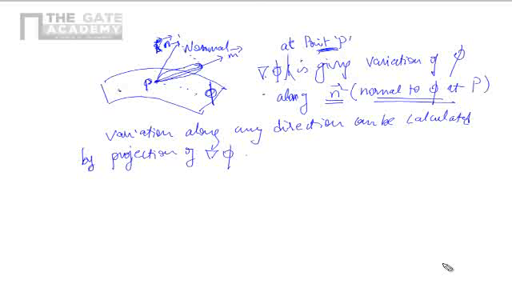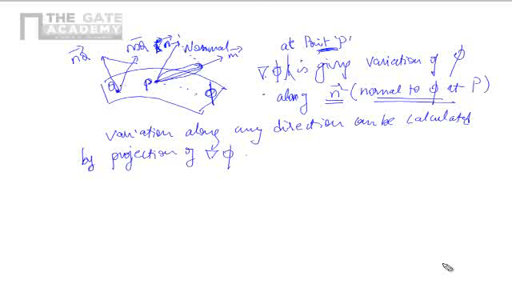Now instead of P, if you want to find it at Q, you substitute the x, y, z value of Q. Now it will give the variation along the normal at Q. Let me call this n_q vector. You can find the variation along m_q vector by projecting the normal here. Clear? This is what we are going to do.